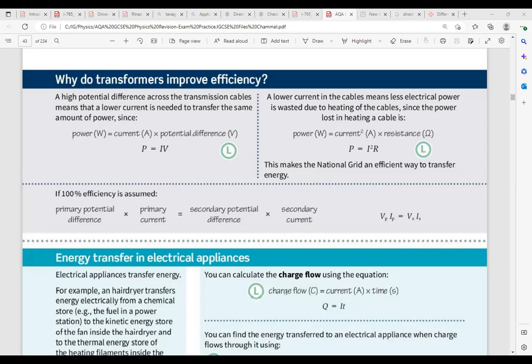Guys, just rearrange the equation. Take off I and put V over R. No one answers.